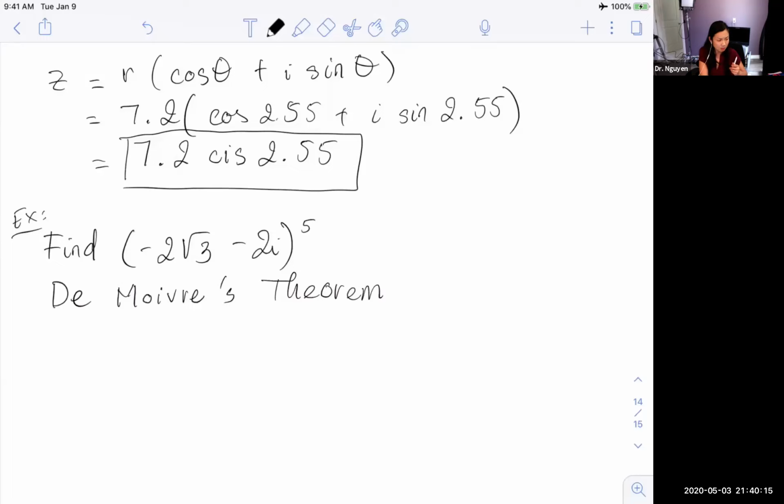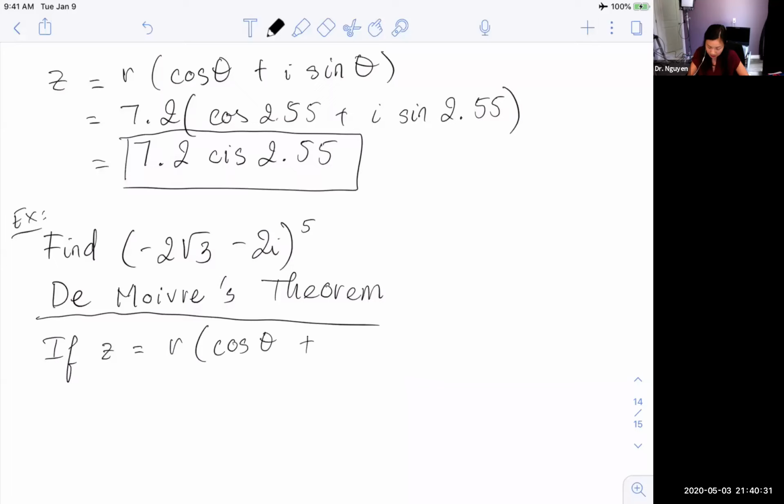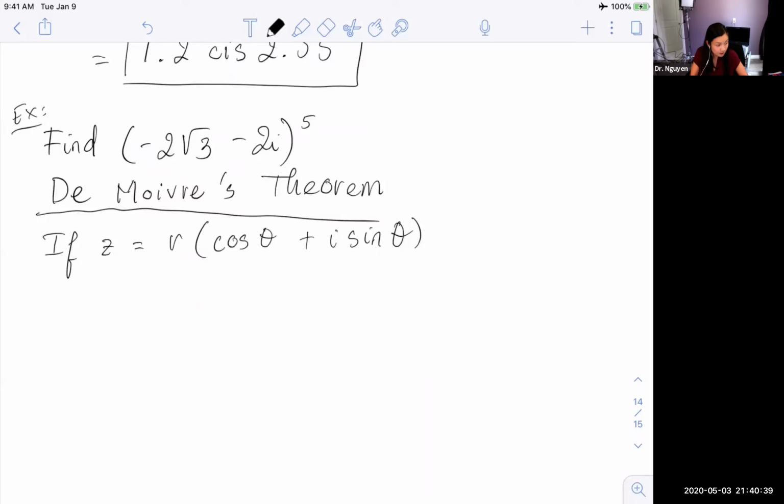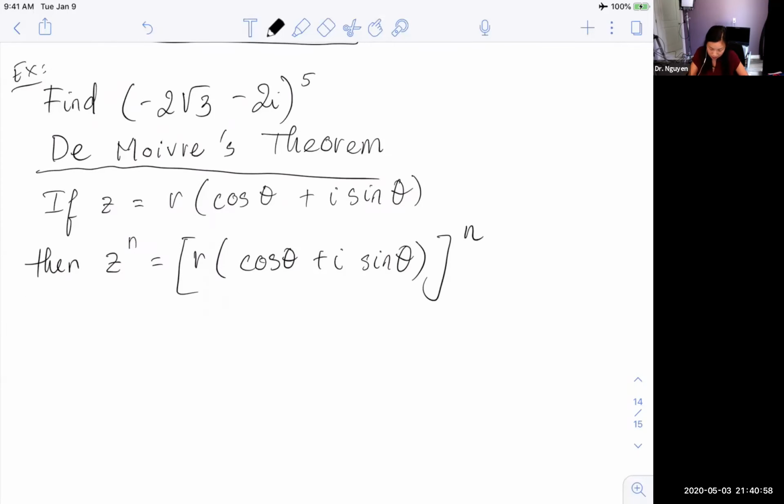So this is really easy. Okay, so let's say if z is r cosine theta plus i sine theta, then z to the n power, so it's like I'm taking r cosine theta plus i sine theta and I take it to the power of n, is pretty much r to the n power, and we have cosine of n theta plus i sine n theta.